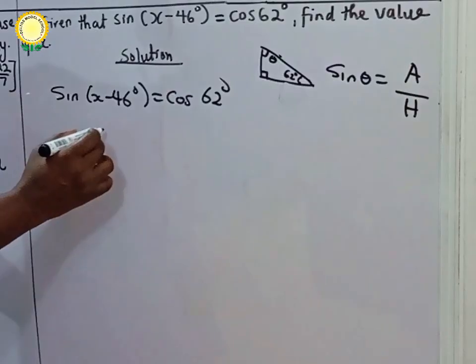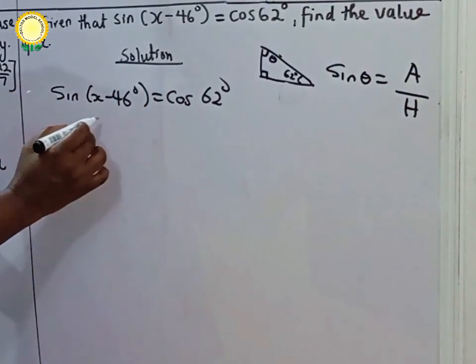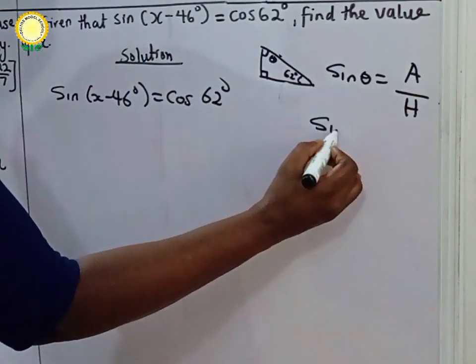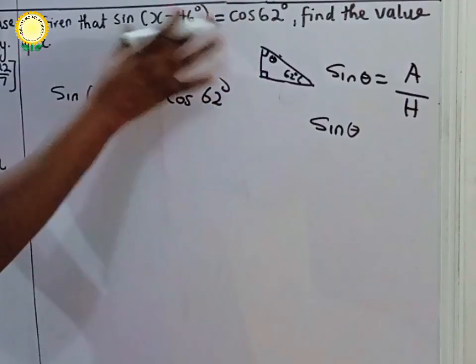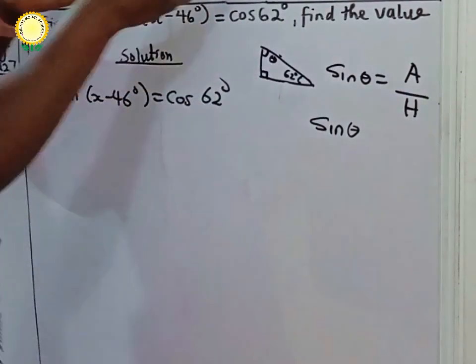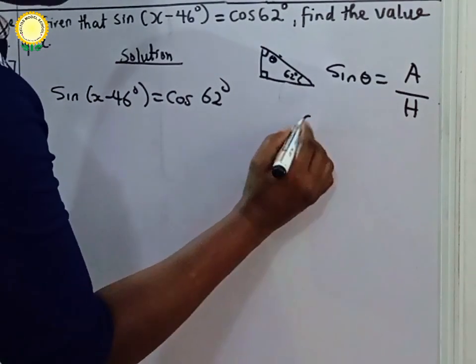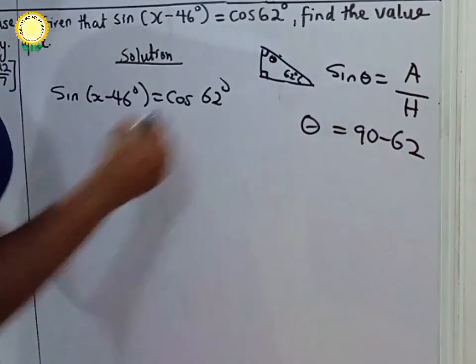So we are going to change this now. Theta is not part of this equation, so we want to make theta part of it. We are going to say theta is equal to 90 minus 62.